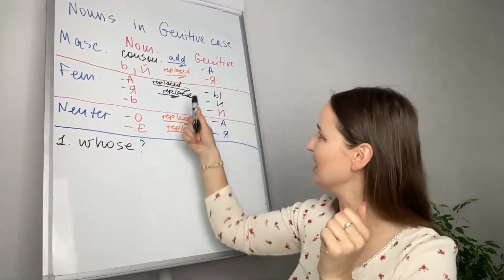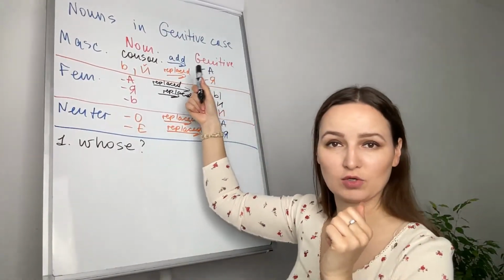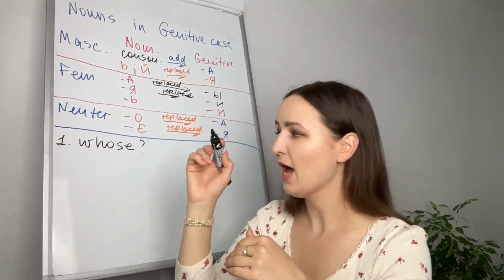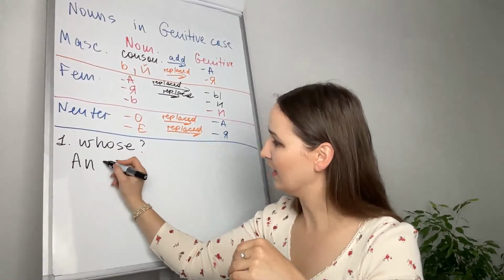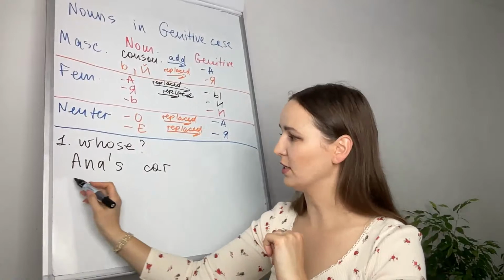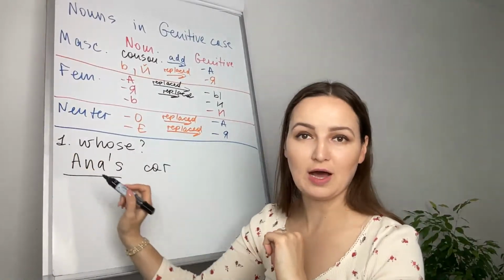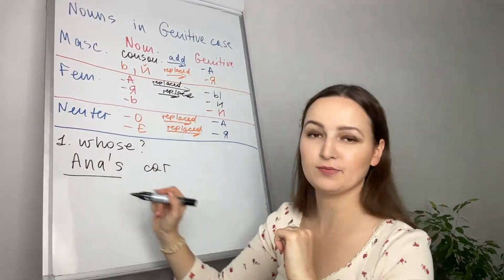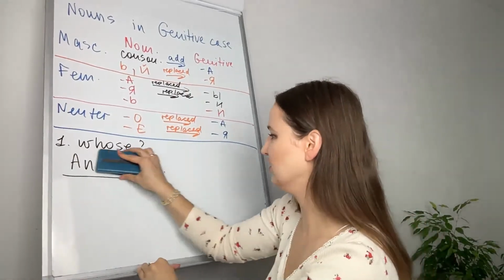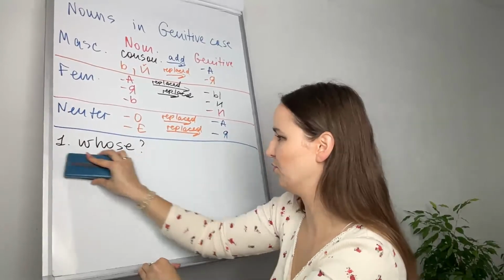Anna's will be in genitive case in Russian language. If in English it's just enough to say Anna, and to add s, Anna's car. In Russian, you have to put Anna in genitive case. Anna's car, да? I will show you how.